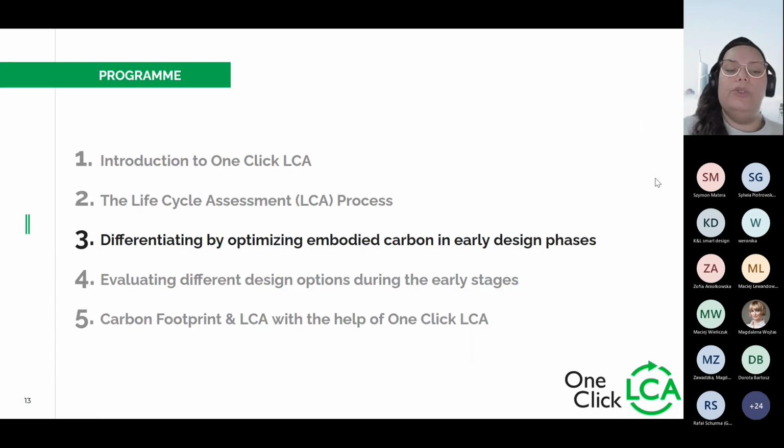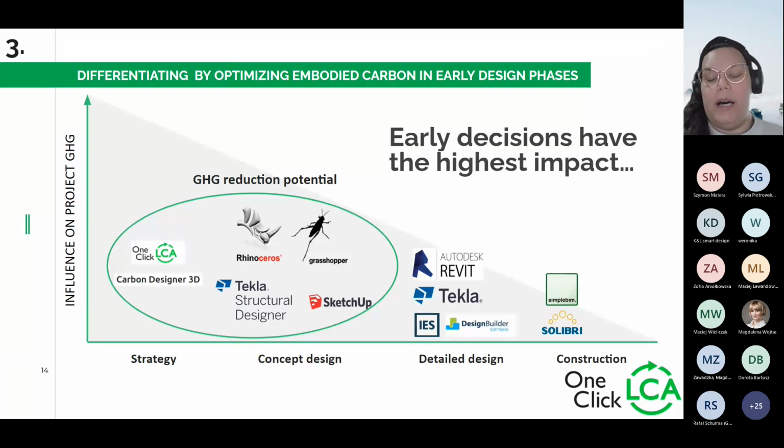Now, let's also talk about how you can differentiate yourselves by optimizing embodied carbon in early design phases. So, as I mentioned earlier, early decisions have the highest impact. And this is because in the earlier stages, the material stages, we still can change the design.